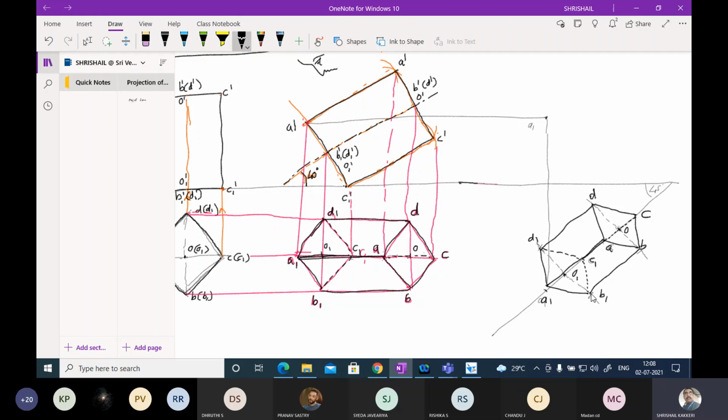And similarly B, a thin line, and B. This will be point B. And similarly C, this one. And C, this will be point C1.